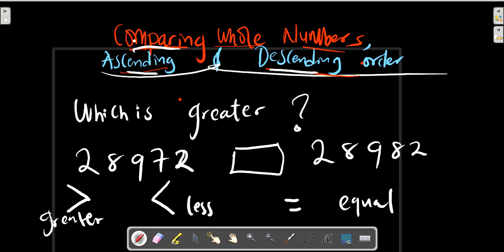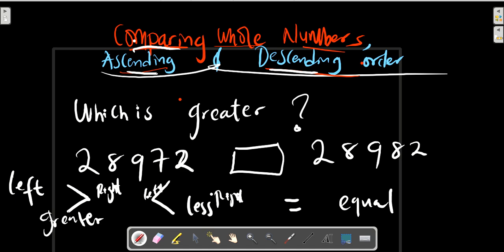The greater symbol means that the number on the left side is greater than the number on the right. When we use the less symbol, it means the number on the left is less than the number on the right. And the equal symbol simply means the numbers are the same, they're equivalent.